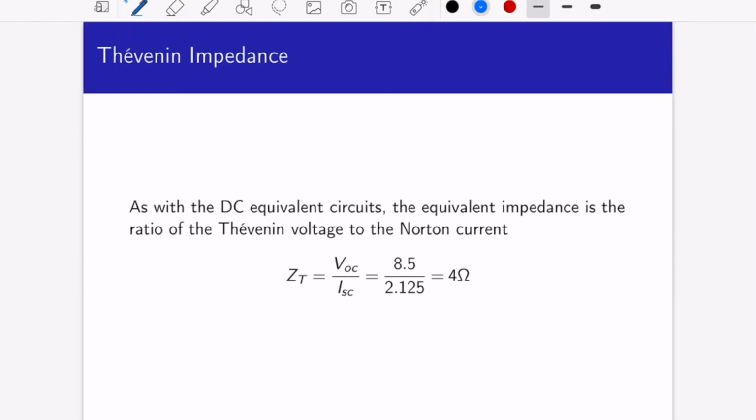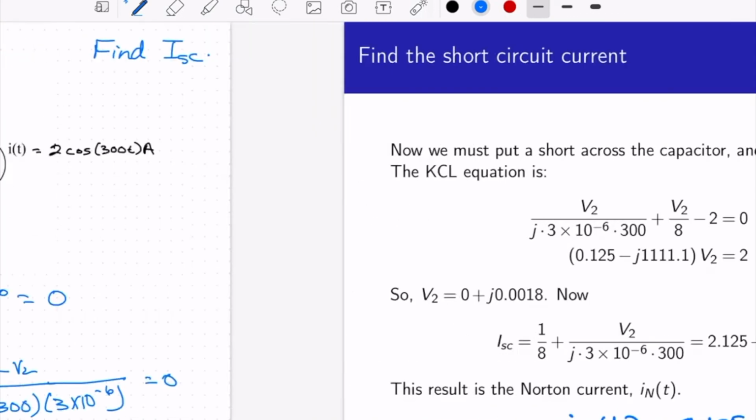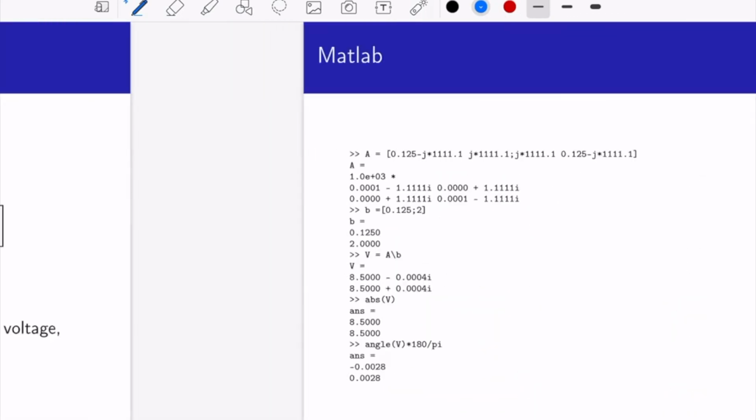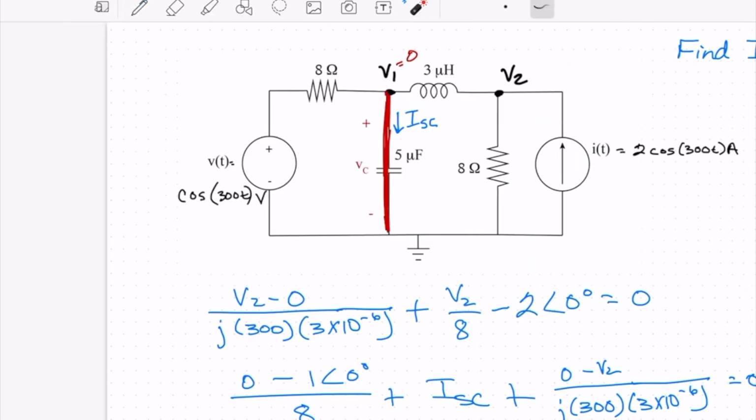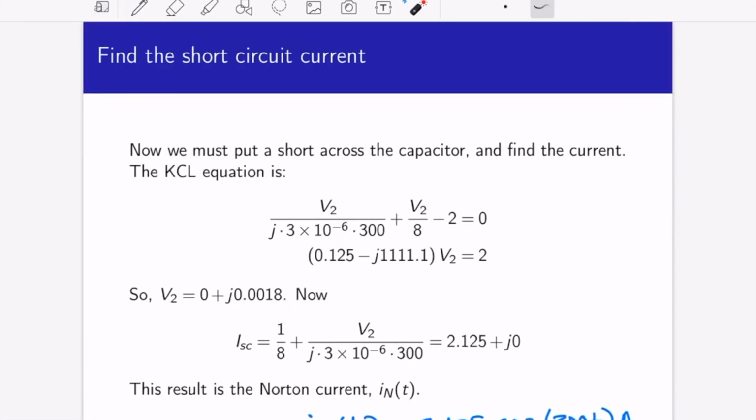To find the impedance, we divide the VOC by I short circuit. This one's kind of simple because V of t is equal to 8.5 at an angle of 0, and I N is 2.125 at an angle of 0.